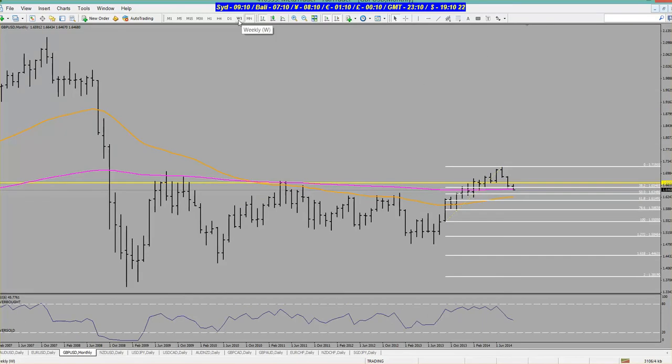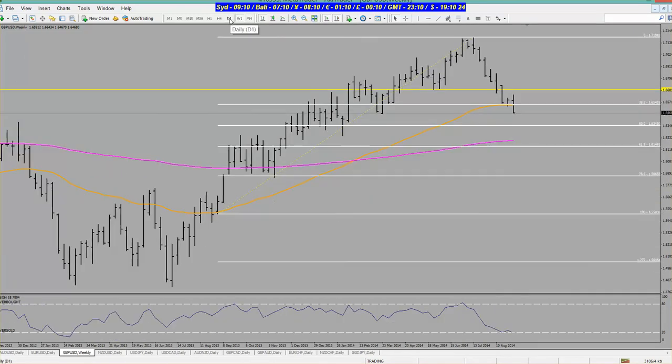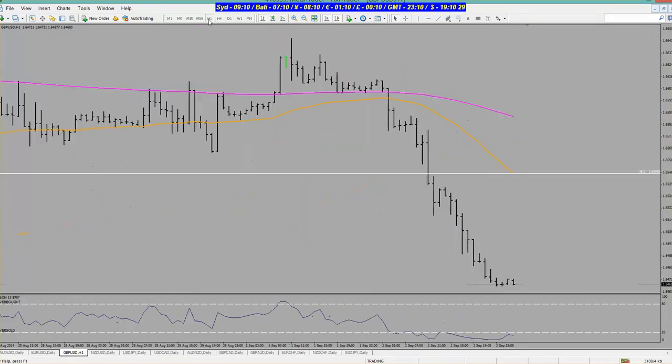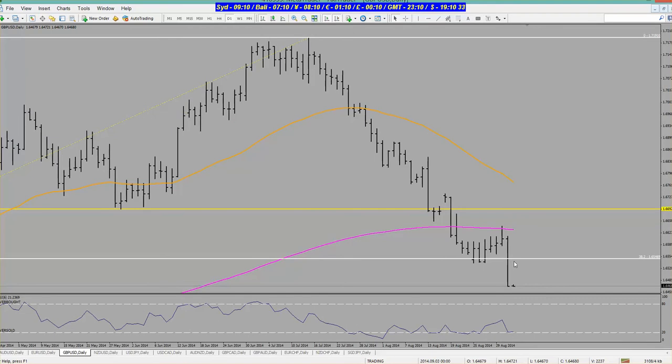Some movement to come on the monthly, but the weekly's overdone. The daily's overdone. The 4 hours well overdone. 1 hour is hugely overdone. But with the US dollar strength and the Scottish election only 2 weeks away, there probably is some further downside to come in this.